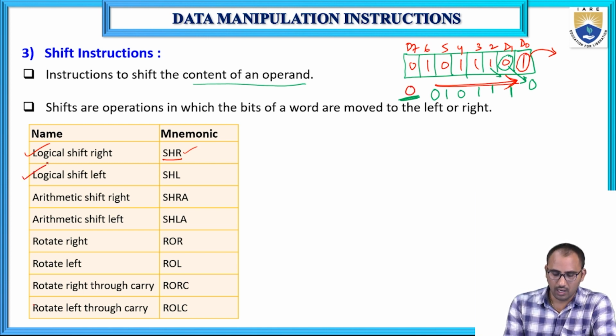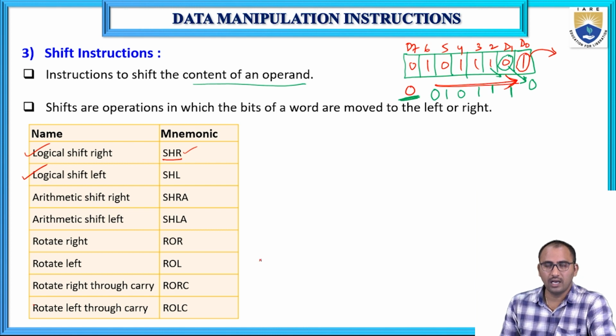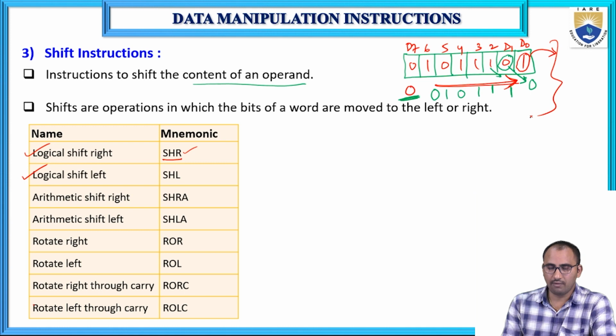Similarly, the next one is logical shift left. The operation is the same, but here we are performing a logical shift left instead of shift right. That means we are shifting the data towards the left side of the register. And next, arithmetic shift right.